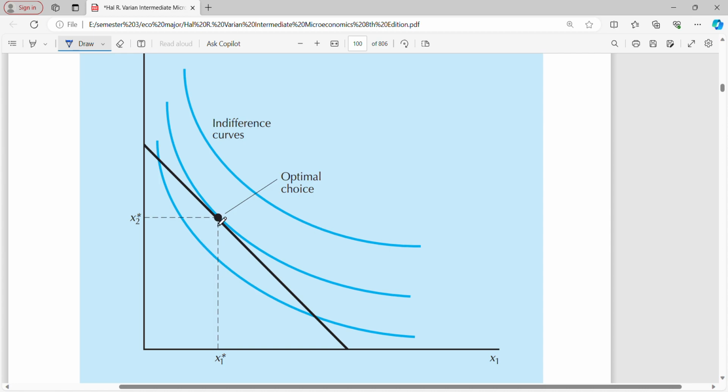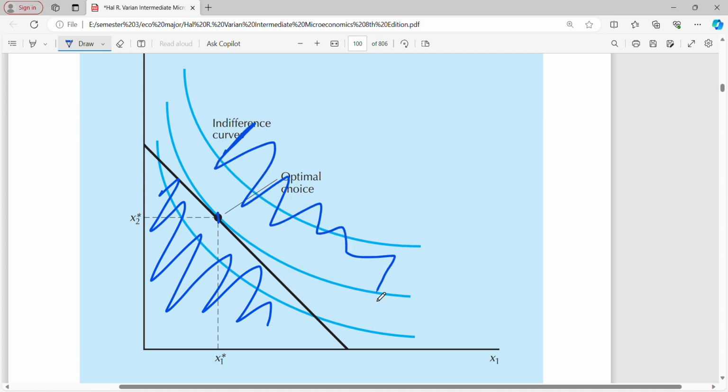Okay, so this point is preferred to all the bundles beneath the budget line. There are many bundles here, and we prefer x1 prime, x2 prime to all of these bundles. Higher the IC, we'll get more utils, right?